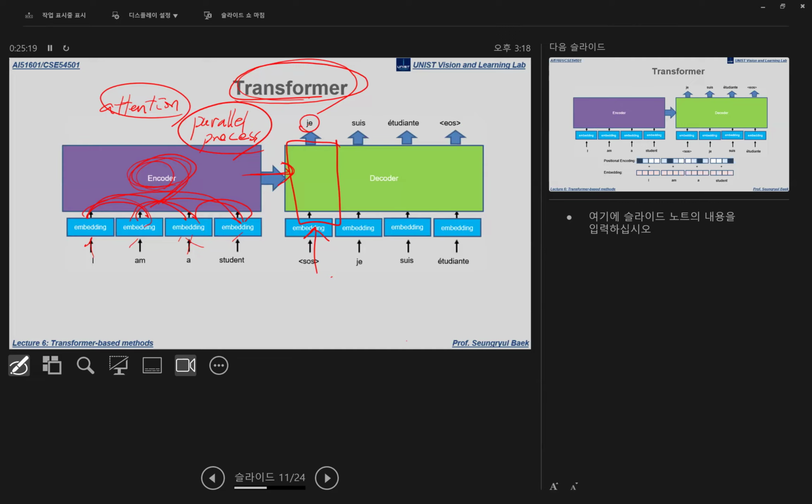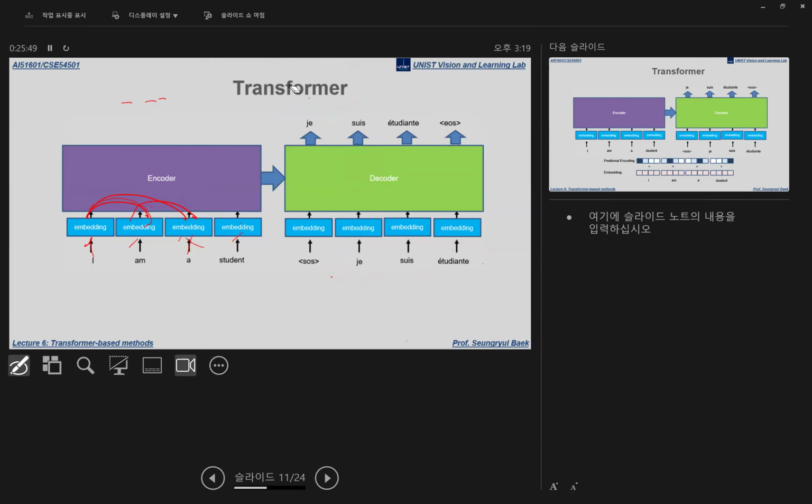Okay? And in the next step, they input these two as the input and estimate the second word. And again, inputting these three words, they estimate the third word, and they iterate sequentially until they meet the end of sentence token. Okay, so that is happening in the decoder part. So the encoder in the transformer is processed in a parallel manner, but the decoder is still working in a sequential manner.